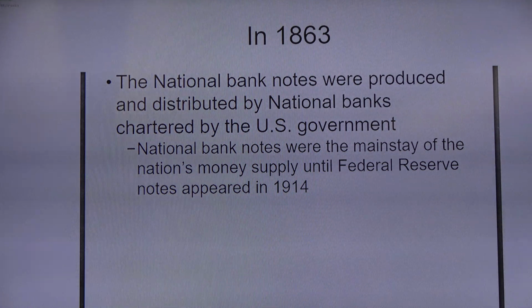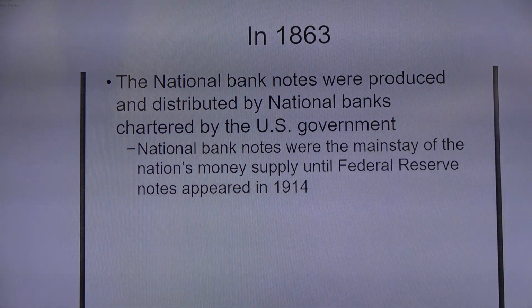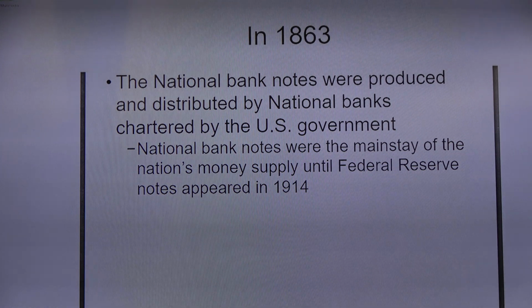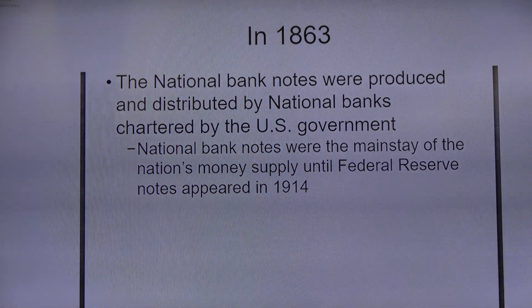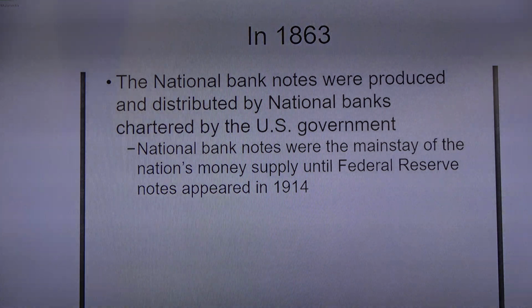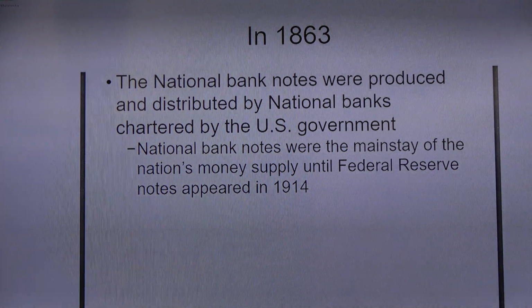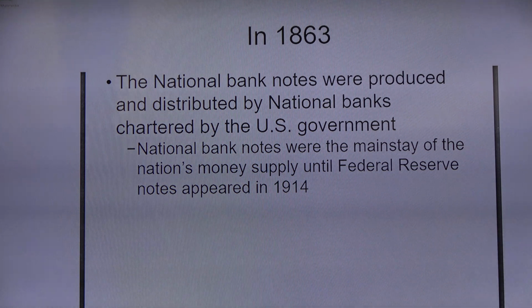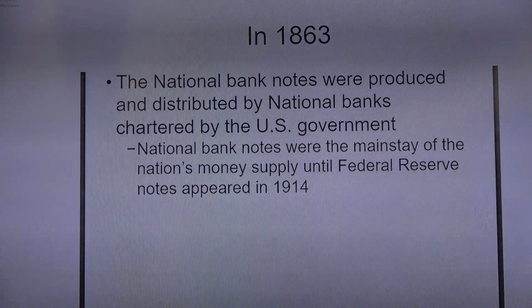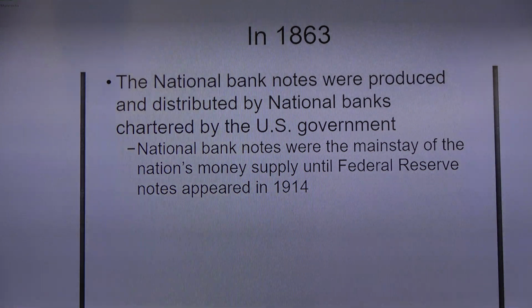There are still some state chartered banks, but there's more national banks that are chartered by the U.S. government. National banknotes were the mainstay of the nation's money supply until Federal Reserve notes appeared in 1914. So from 1863 to 1914, our money was national banknotes that were issued by national banks.